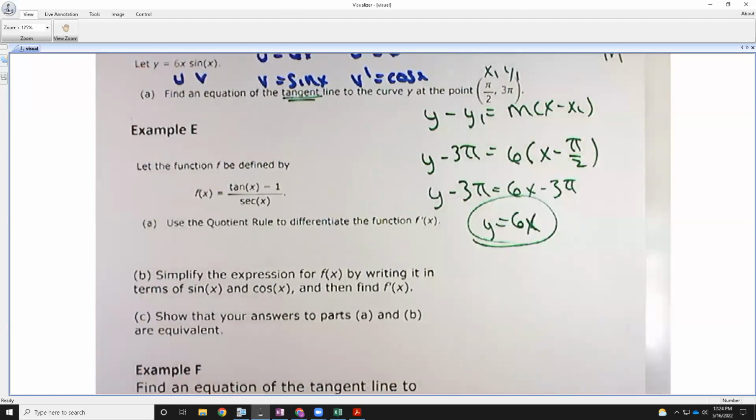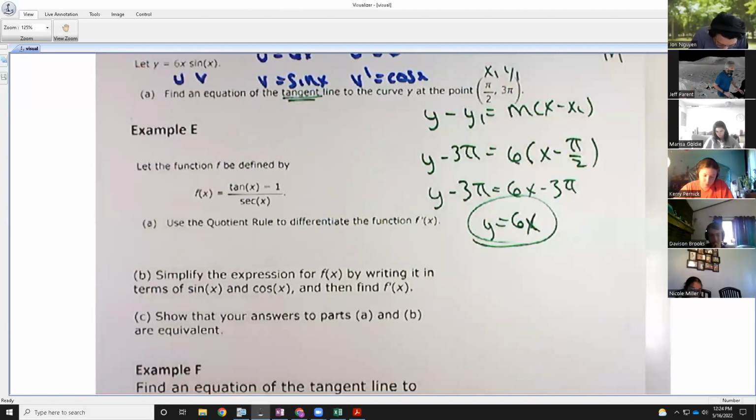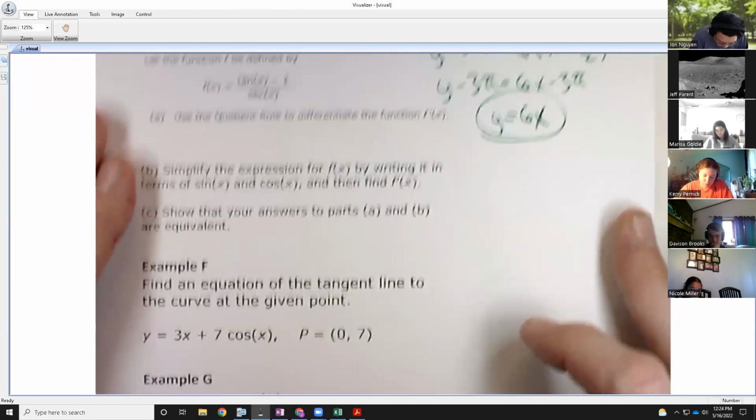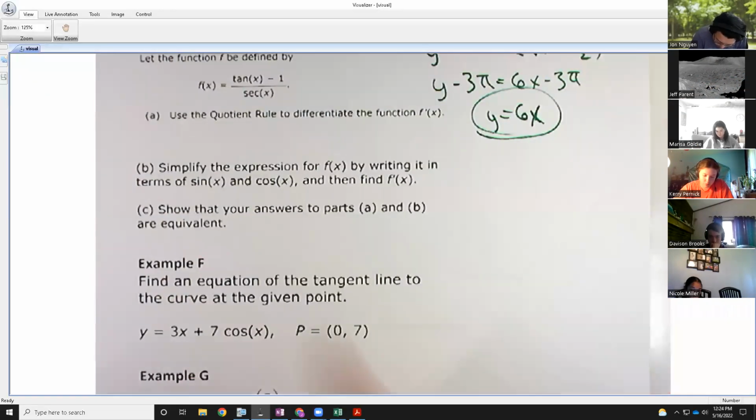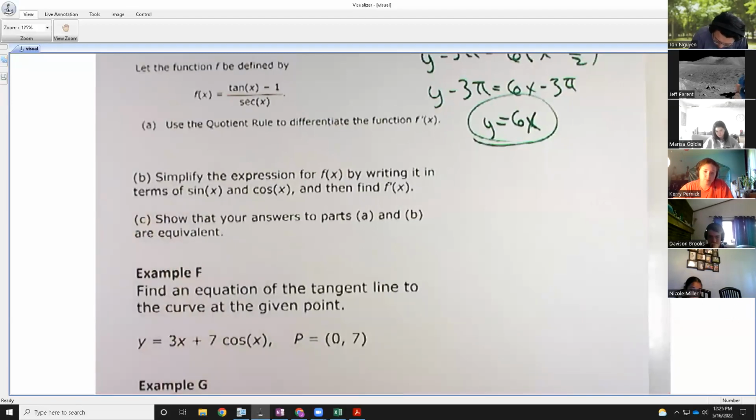Let's move down to example E, this one. And I think I want to move over to a new sheet of paper for that one.